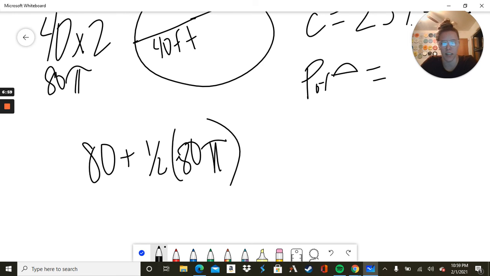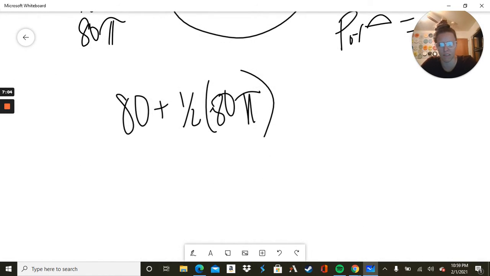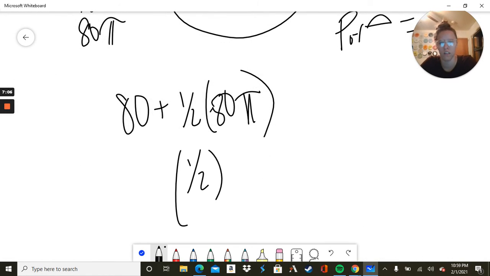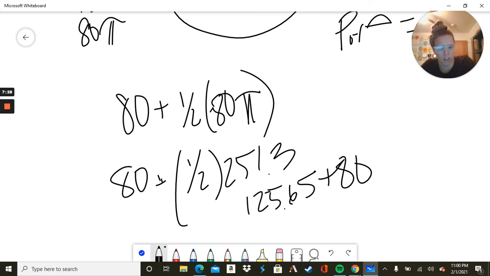We know what 80 pi is because of our circumference, so we can take half of that. 251.3 divided by 2 is 125.65, plus 80, looks like 205.65.